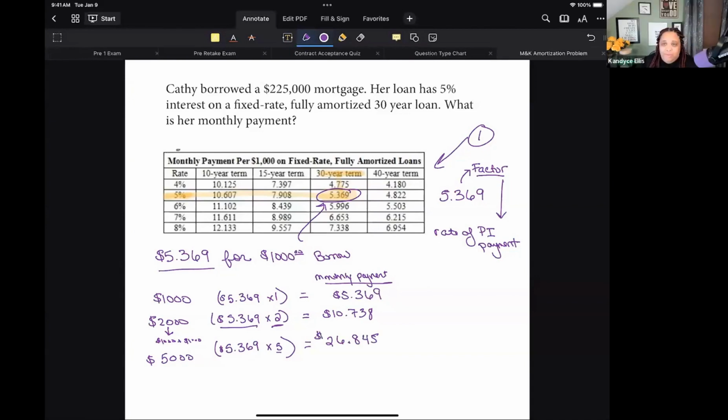Now, I haven't done the problem yet, but does everybody in the chat give me a yes or a thumbs up? Does everybody understand that all of these numbers in the chart are a dollar amount that you pay for every 1,000 you borrow? If I have lost you, be like, no, I don't understand, Kandyce. Slow it back down, rewind, and I will talk about it again.